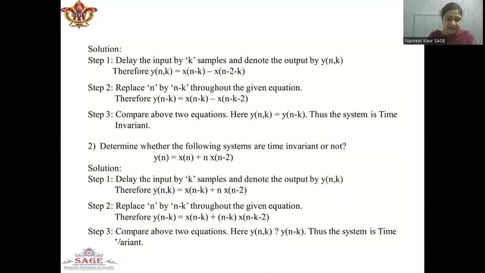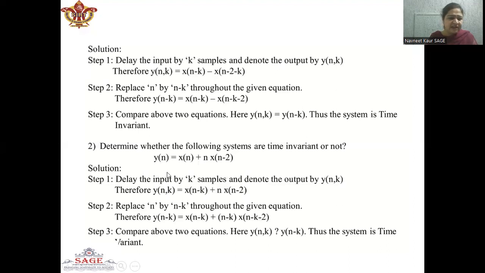Now, I'll take a second example where x(n) plus n x(n-2) is the output of a system. Now, if I delay x(n) by k units, I'll get x(n-k). And then I'll give it to the system, then y(n,k) will be x(n-k) plus n x(n-k-2). That means the input function is now in terms of n-k.